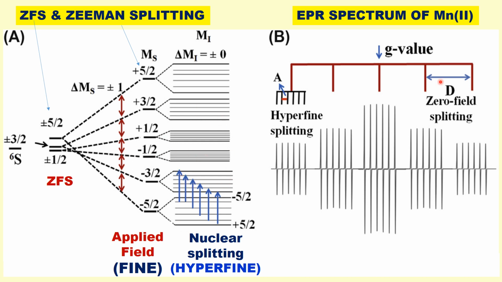This is the EPR spectrum of manganese 2 ion or manganese 2 complex. There are 3 EPR parameters obtained from the EPR spectrum of manganese 2. The g value is obtained from here, zero field splitting is obtained using this, and the hyperfine splitting is obtained from this.